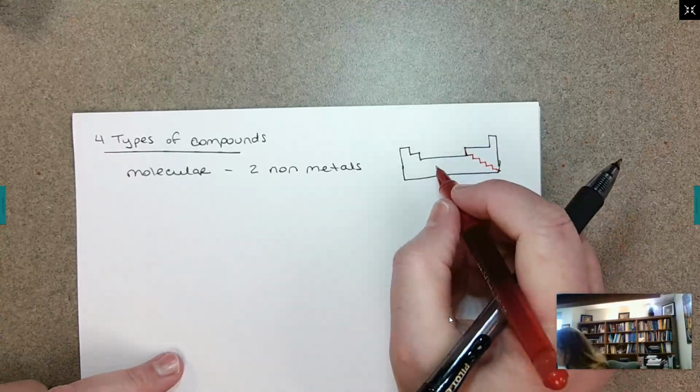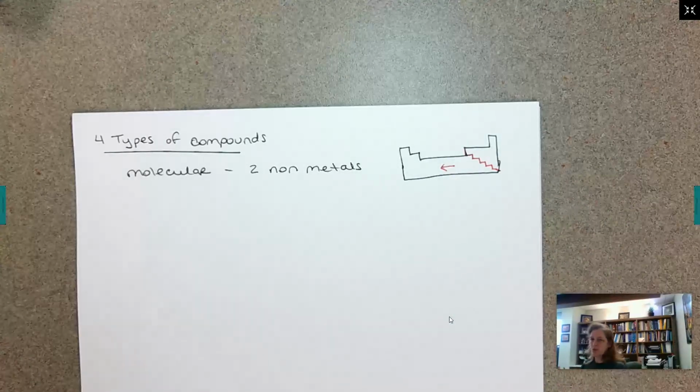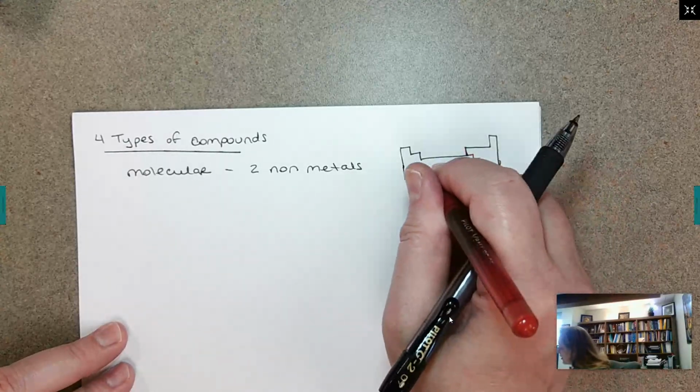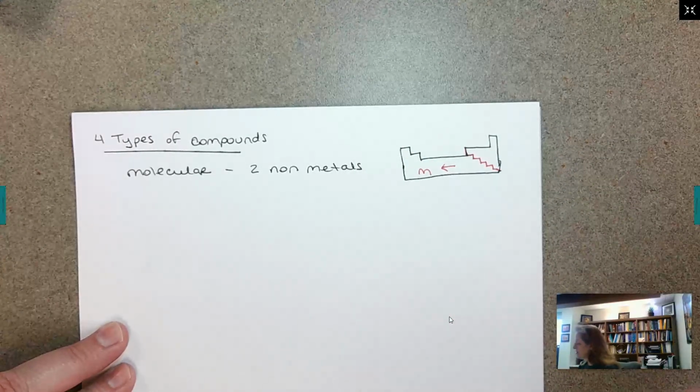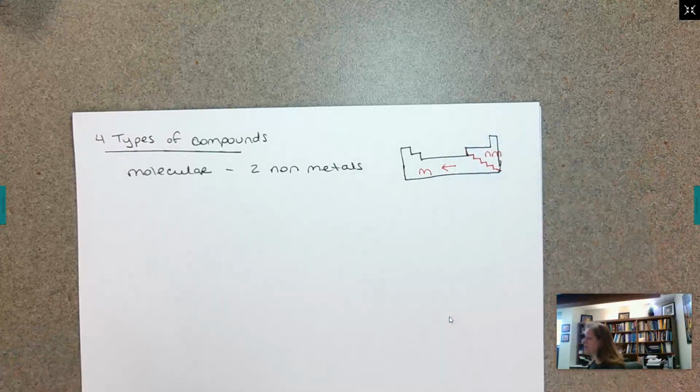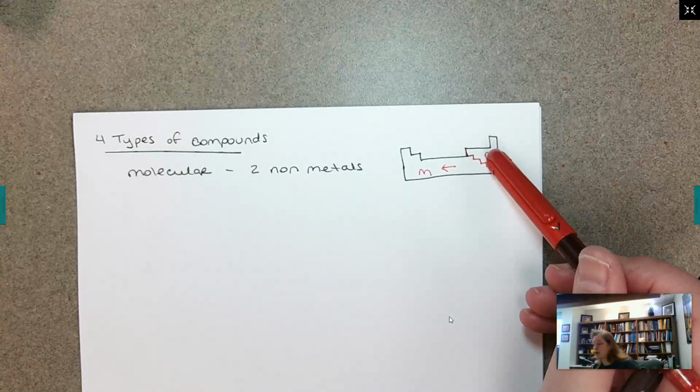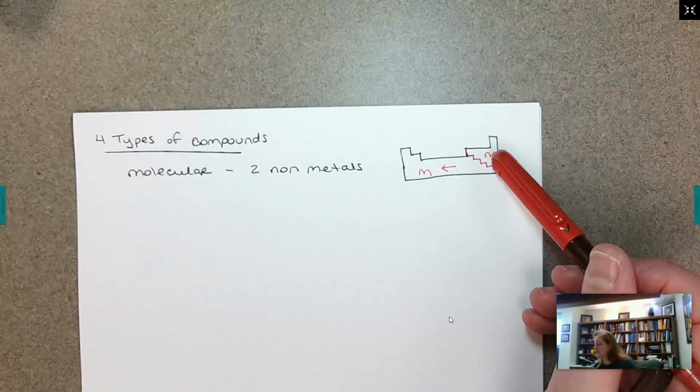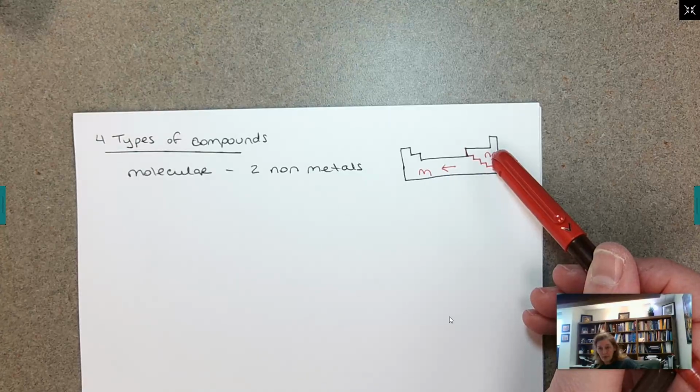I'm not worried about what's a metalloid, I'm just worried about metals and nonmetals. This side is going to be the metals. This side is going to be the nonmetals. So when you're first looking at a compound, if it's made up of 2 nonmetals, if both elements are to the right of that metalloid line, then you know you've got a molecular compound you're dealing with.